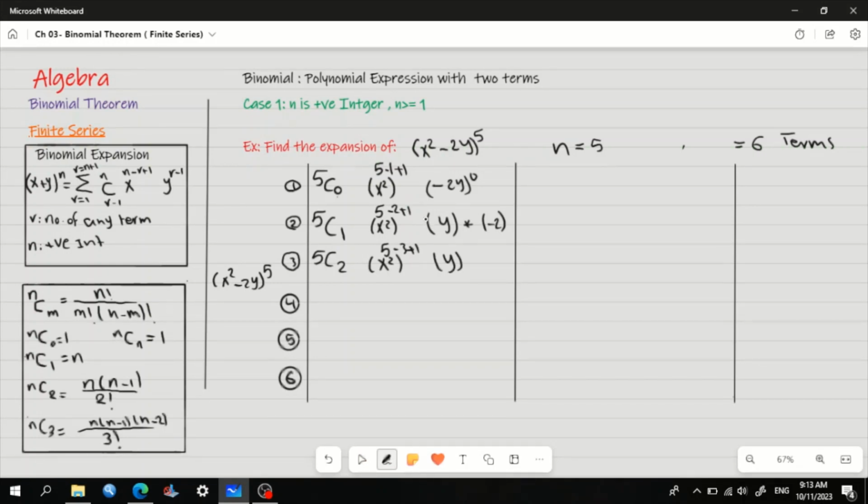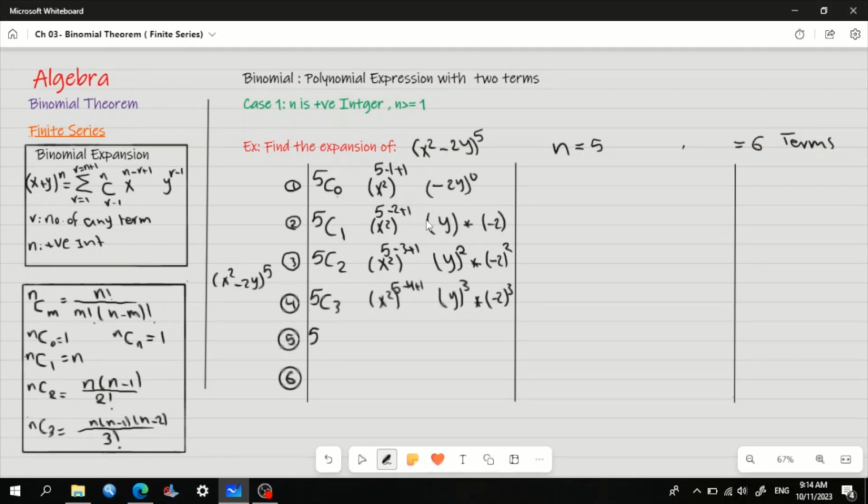Here we have y squared and negative 2 squared. 5 combination 3, x squared 5 minus 4 plus 1. Here y power 3, negative 2 power 3.